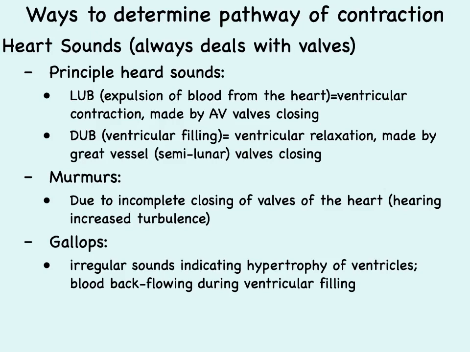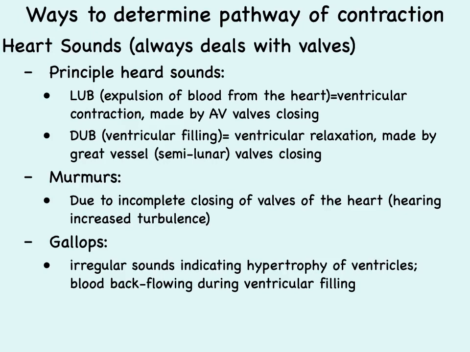Now, sometimes the valves don't always close correctly. When valves don't close correctly, we'll hear this kind of disturbance in fluid flow. This disturbance in fluid flow gets picked up as what's referred to as a murmur. Murmurs can be picked up sporadically through most of the population.